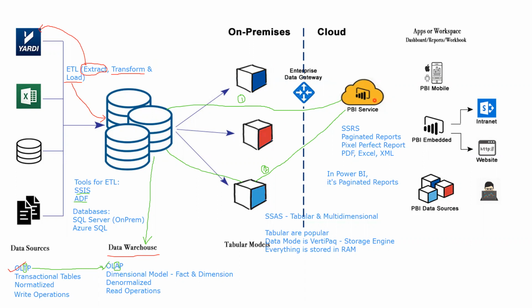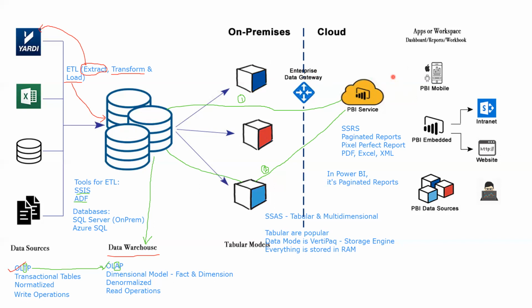But when you are connecting Power BI to the tabular models, you will have a live connection. Why you will have a live connection is because the engine shared between Power BI and the tabular model is the same, which is the VertiPaq engine. That's the reason you're using a live connection, and everything will behave the same. Power BI will only be used for doing the front-end reporting.